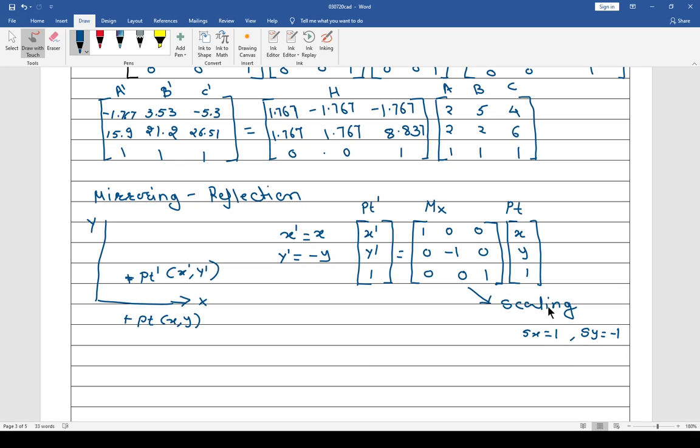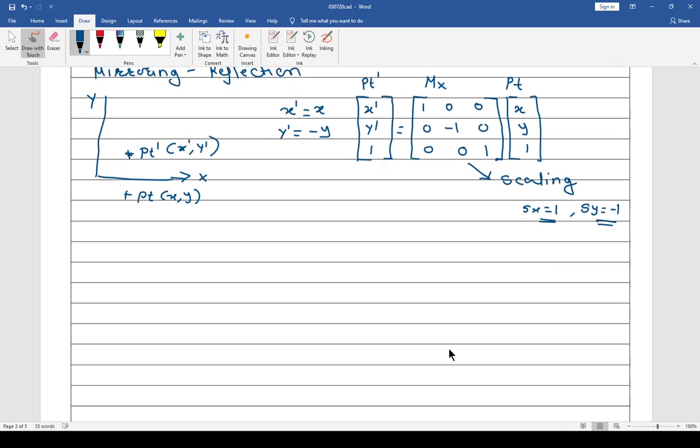Only the scaling option is provided, and in that you provide the scaling values 1 and minus 1, so you get the mirroring about the x axis. If you try to search for a mirroring or reflection command in any software or programming language, you won't find it. Only the scaling option is available, with Sx value 1 and Sy value minus 1, which provides the mirroring about x axis.